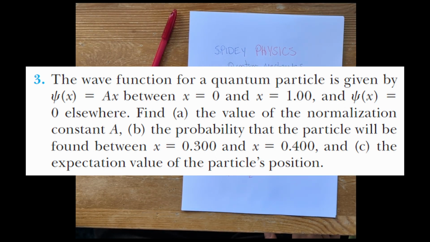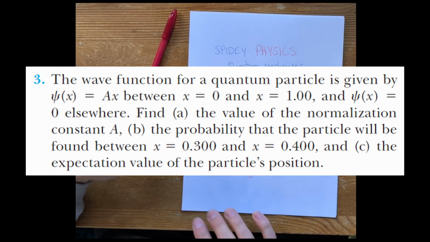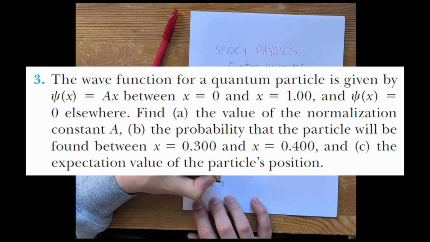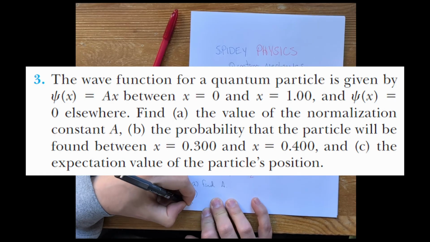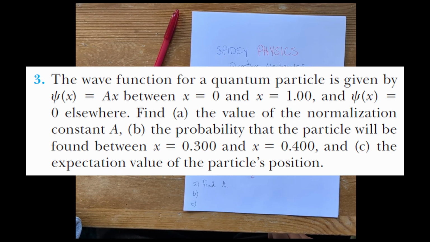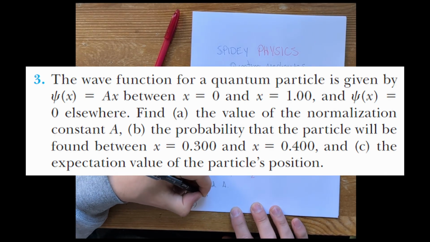The rest of the problem says, find A, the value of the normalization constant A. Find A. We got 3 parts, A, B and C. B says find the probability that the particle will be between x equals 0.3 and x equals 0.4.